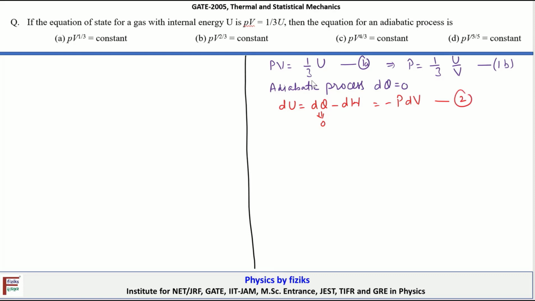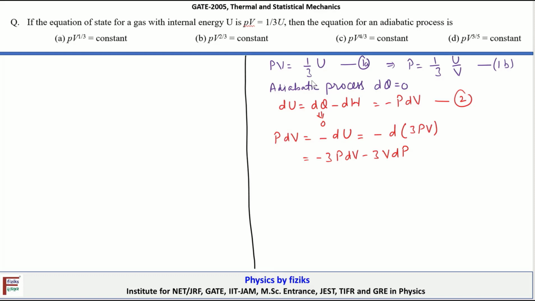So 2 can be written as p dV equal to minus dU, and U is equal to 3pV. So from equation 1a, this is equal to minus d of 3pV. This can be further rewritten as minus 3, it's a constant, minus 3 p dV minus 3 V dp.